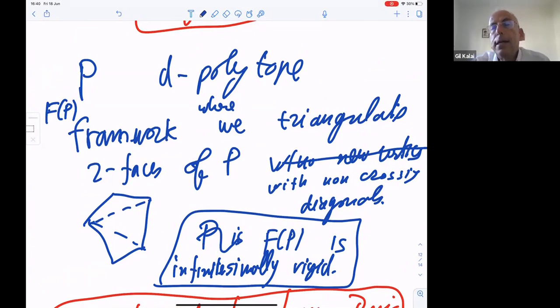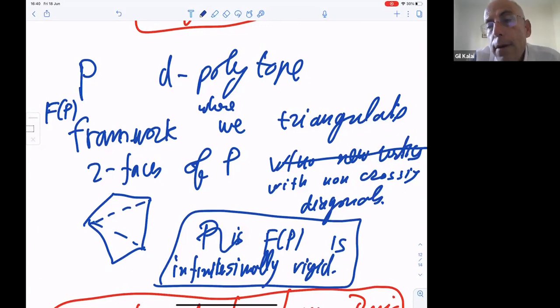The basic idea is that you can consider, okay, let's take Alexandrov's result in dimension 3 for granted. Let's prove it by induction.